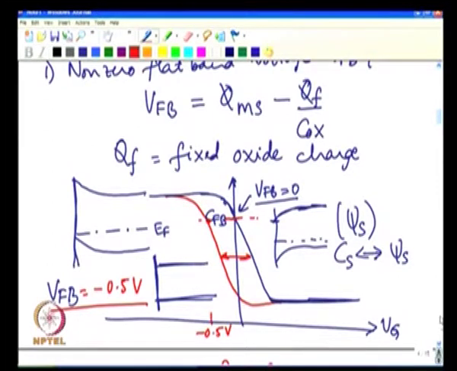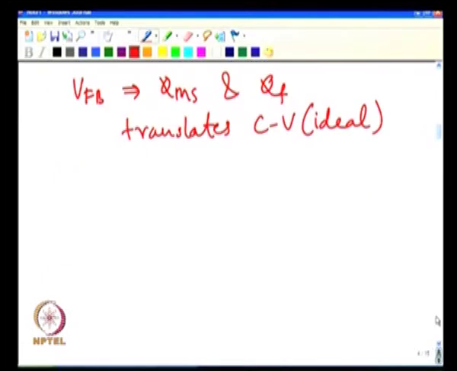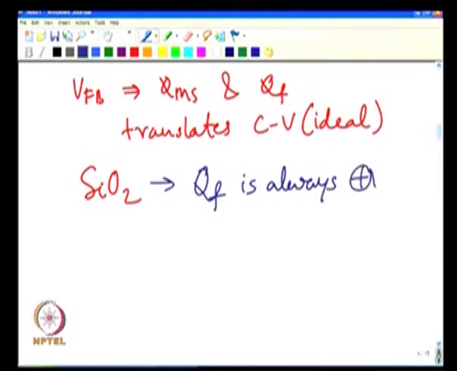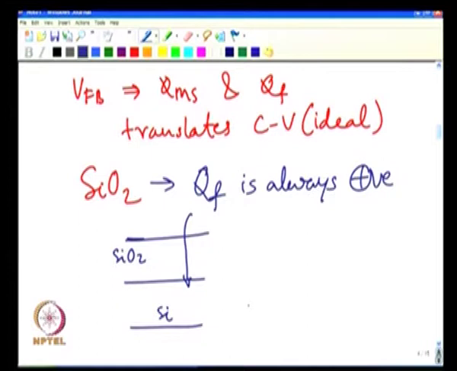Now, phi ms is very obvious, you have different work functions. This fixed oxide charge, at least in the case of silicon oxide, QF is always positive. What is attributed is that you have to grow this silicon oxide on top of silicon.